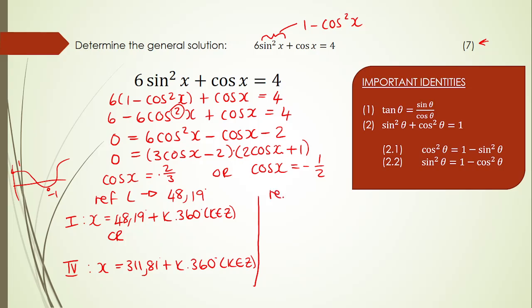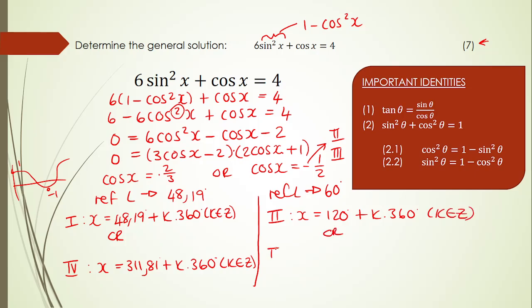Let's look at trying to find the reference angle. Remember, the reference angle is going to be in quadrant 1. The negative sign there just tells us that we're going to be in quadrant 2 and quadrant 3. So in quadrant 2, it's just going to be 180 minus 60, which is 120 plus k times 360, because that's the period of cos.